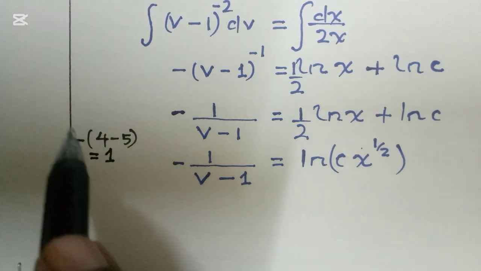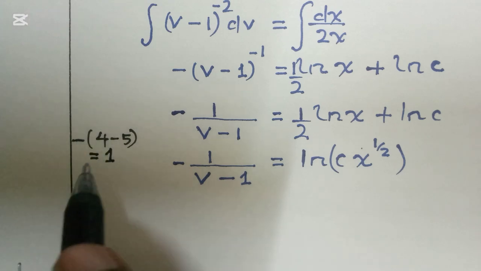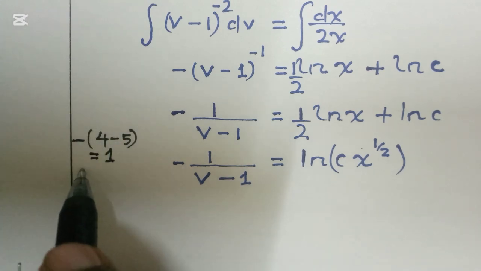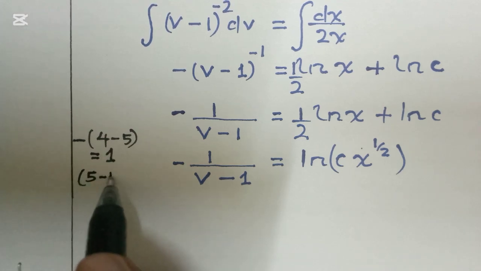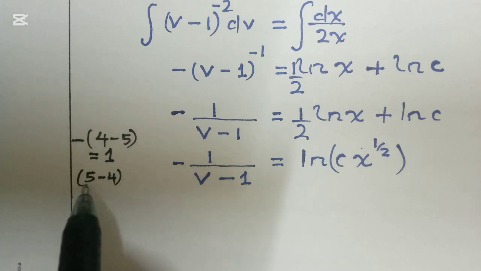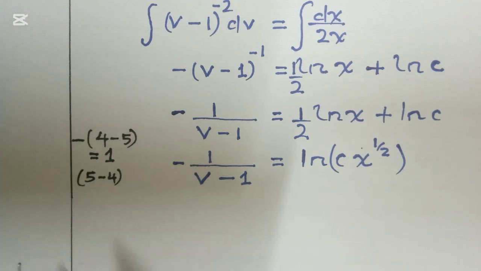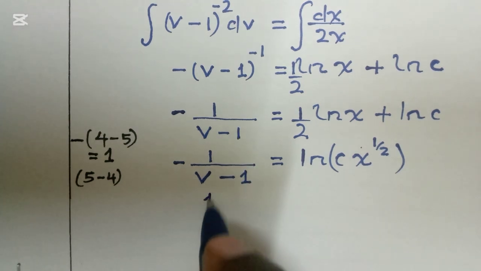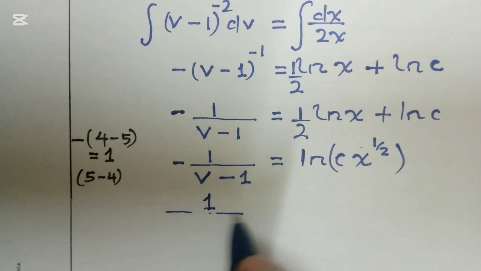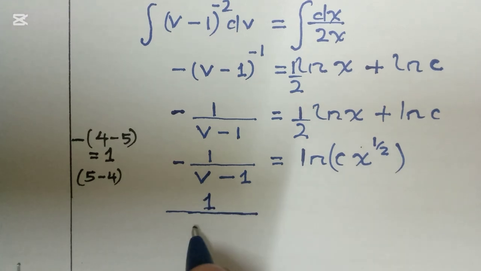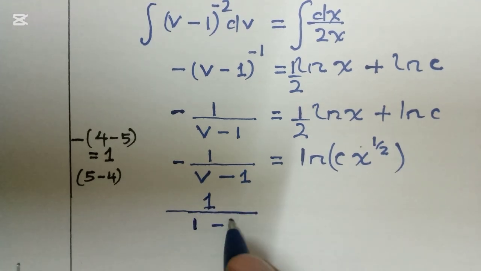So if I want to remove this negative, guys, I can come and shuffle this. I bring 5 here. I say now 5 minus 4. Now guys, you can see now I have removed the negative, and still it remains the solution is 1. So the same case I will do here, guys. I will come and exchange, so that I will write 1 all over, instead of writing v minus 1, I will now write 1 minus v.